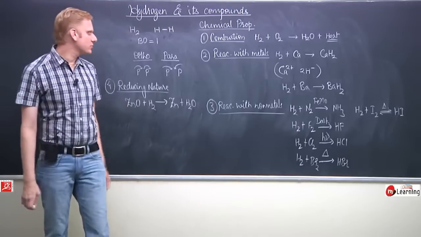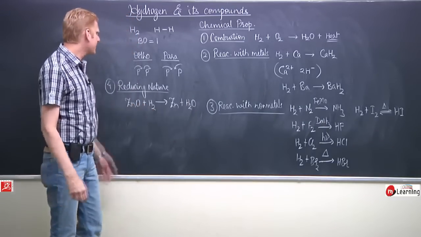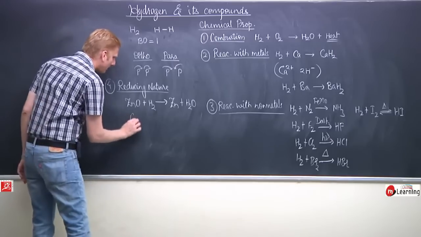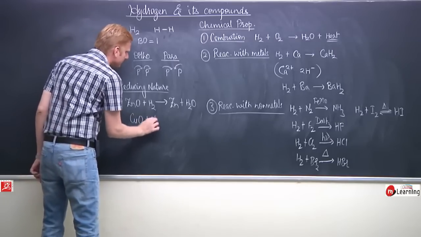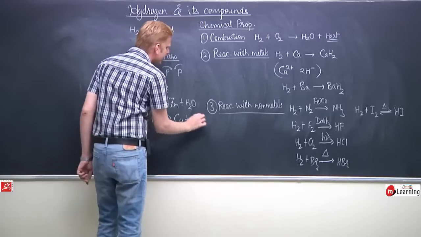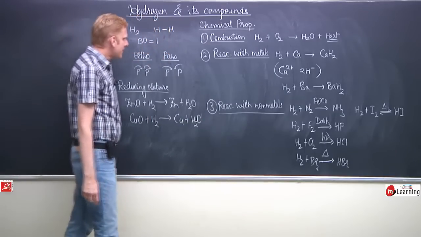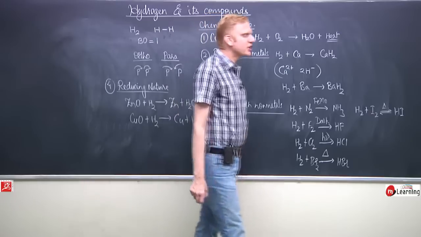Hydrogen itself undergoes oxidation to form water. A similar reaction can be given even for copper, oxide of copper. So we can have more number of examples. These are the reactions showing reducing nature of hydrogen.